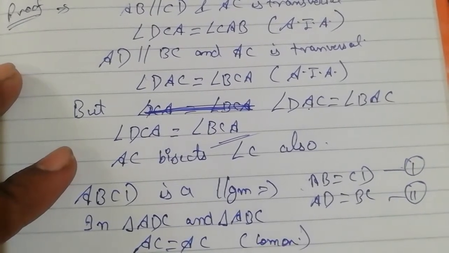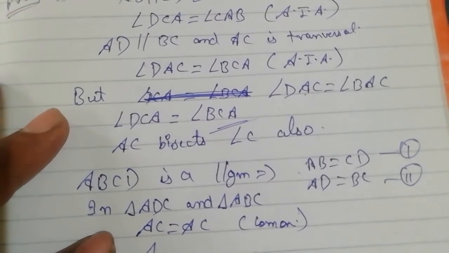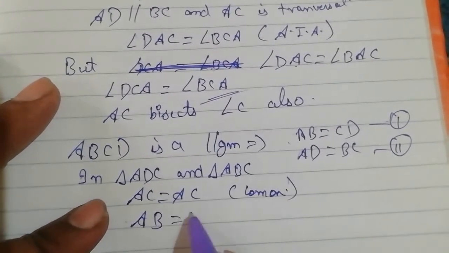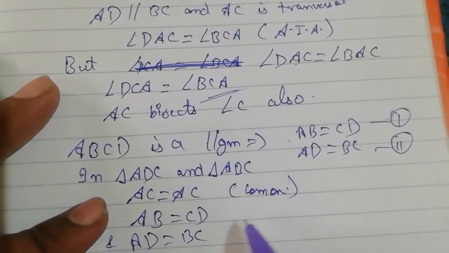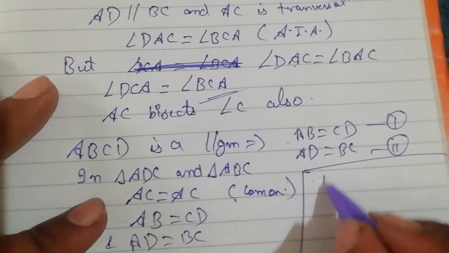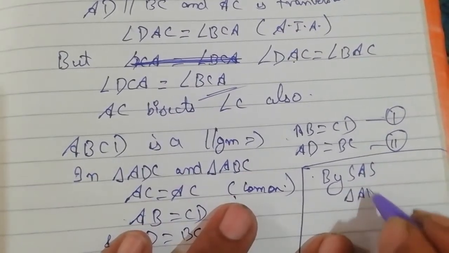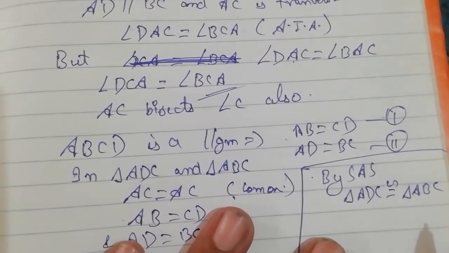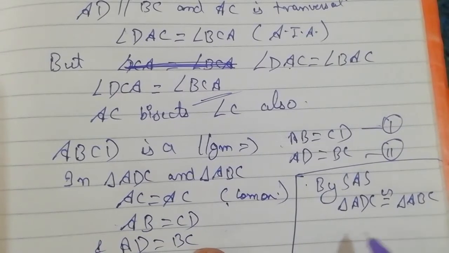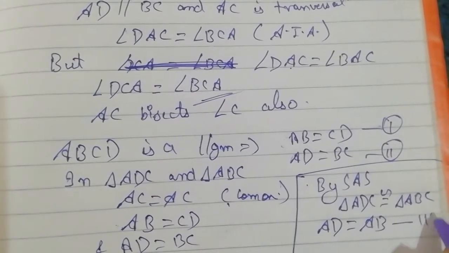And it is given AB is equal to CD and AD is equal to BC. So by SAS we can say that triangle ADC is congruent to triangle ABC. If these two triangles are congruent, then we can say that AD is equal to AB. So this is the third equation.